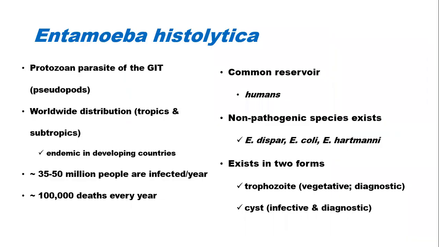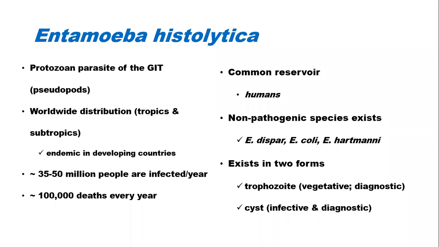Another protozoan parasite of importance in the pathology of the GI tract is Entamoeba histolytica. Entamoeba moves with the aid of pseudopods. It has a worldwide distribution, but it's relatively prevalent in the tropics and subtropics, particularly in areas where you have poor social infrastructure.